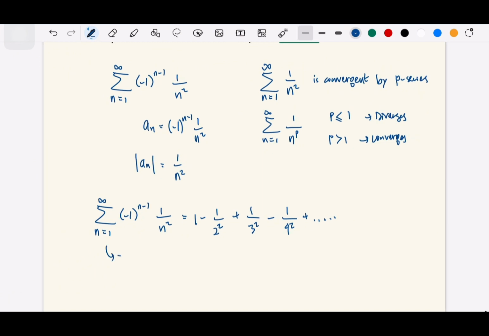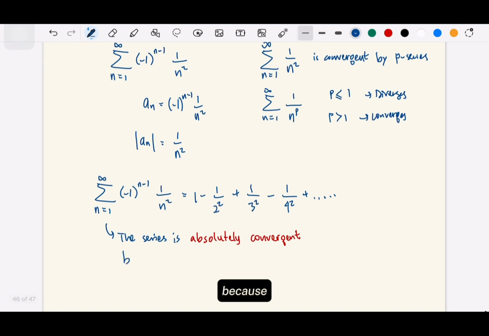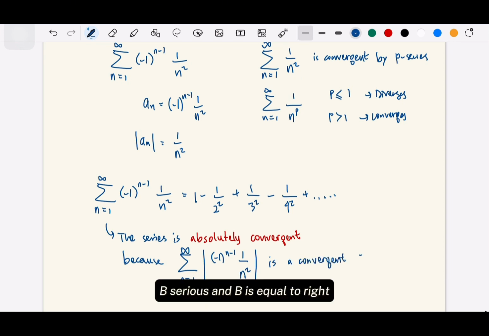The series is absolutely convergent because the series of its absolute value is a convergent P series, with P equal to 2.